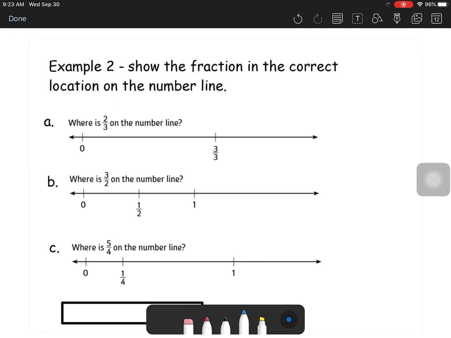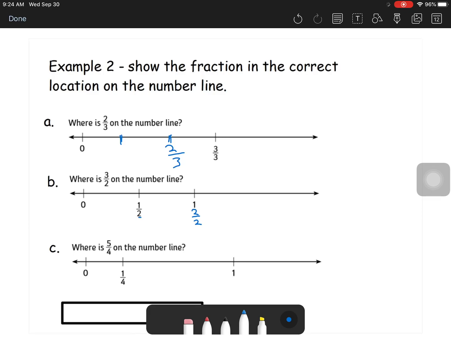Okay, example 2, show the fraction in the correct location on the number line. So we got 2/3. Well, if this is 3/3, then we've got to have 2/3 about here, 1/3 is there, so this would be your 2/3 right there. If this is 1/2 here, 1 is the same as 2/2, right? Since we're working with halves with a 2 on the bottom.